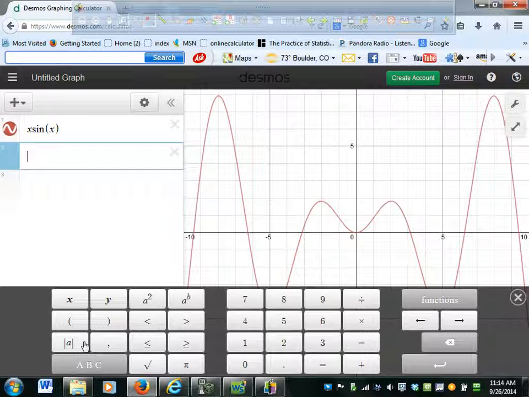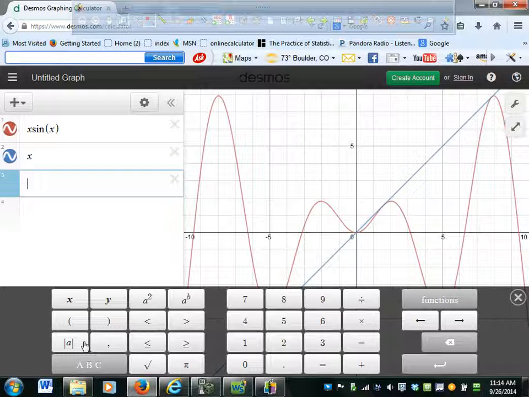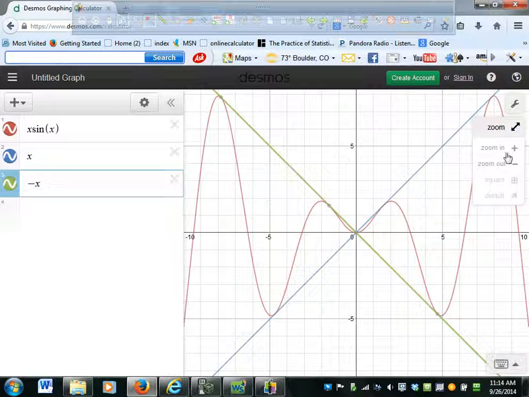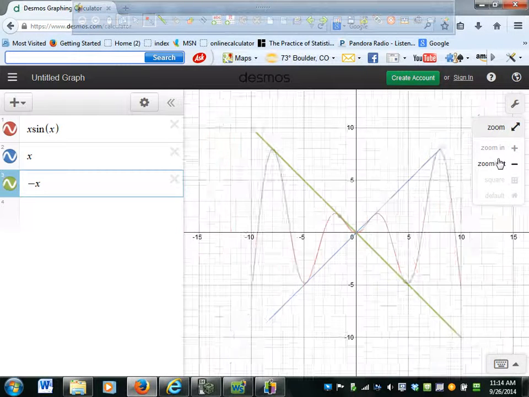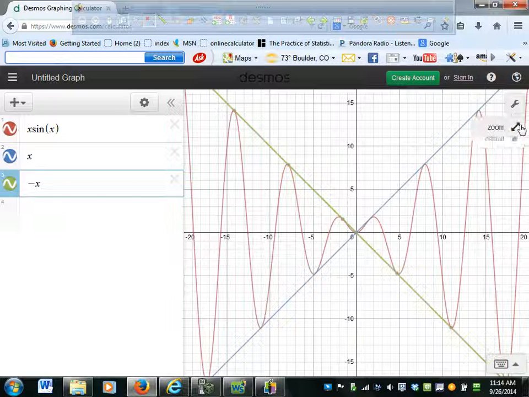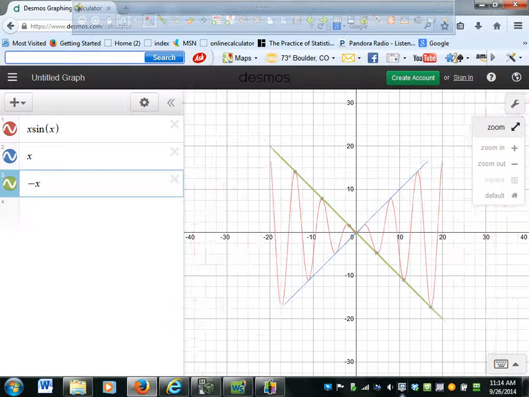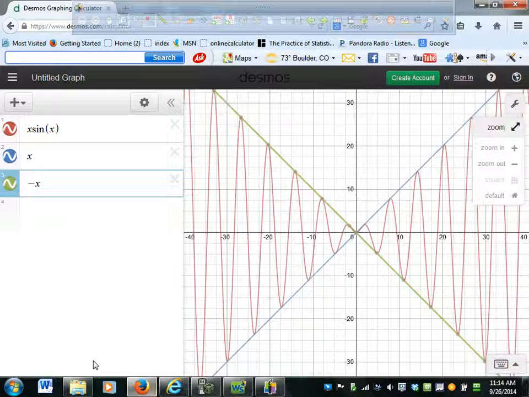If I go to y equals x, and if I also type in y equals negative x, and I'm going to zoom out quite a bit. What is that? Oh, zoom out again. Isn't that cool? Okay. So what is that y equals x and y equals negative x doing to my sine function? It's like the range.